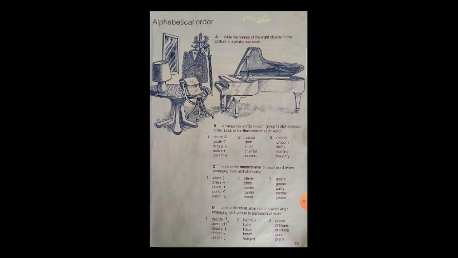So deadly will come first, because D, E are the first letters and these are the same. So after D, E, A comes, and A is first. So deadly is first and second is debtor, third decide, fourth defeat, fifth demand.